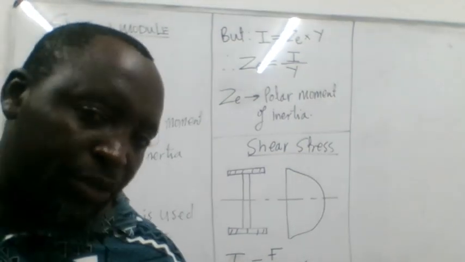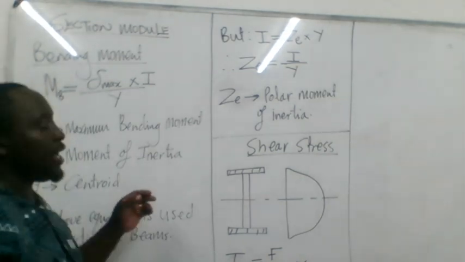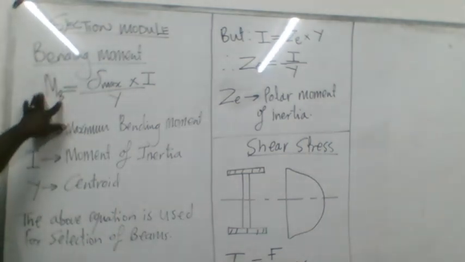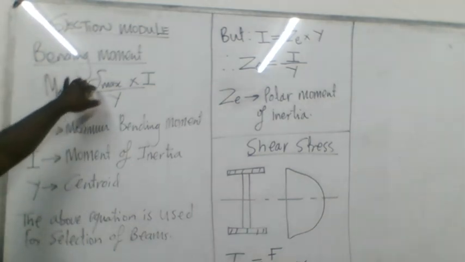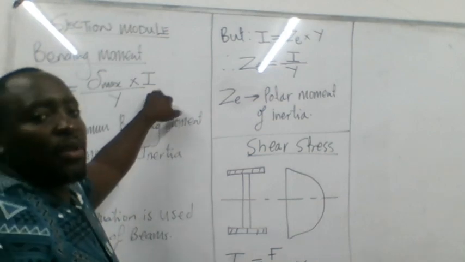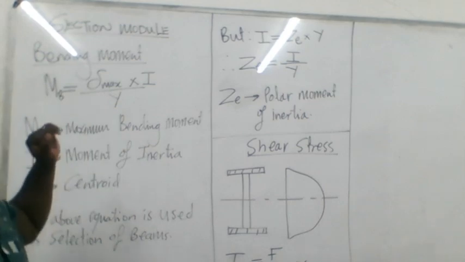Okay, just to briefly explain the remaining part of the bending moments on the beams, there is the aspect of calculating the maximum bending moment, which we are using MB for here, and in conjunction with it there's the maximum stress in the beam, and we have the moment of inertia and the centroid.